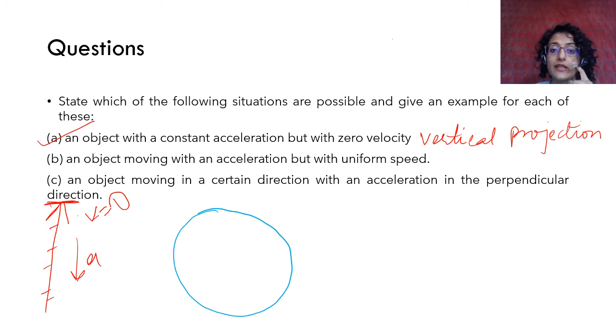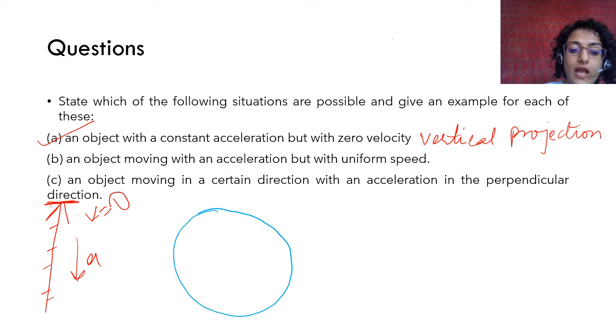That means the magnitude of velocity is the same throughout, but because the direction keeps changing at every single point, the velocity keeps changing, and when the velocity changes it means that the object is under acceleration, right?